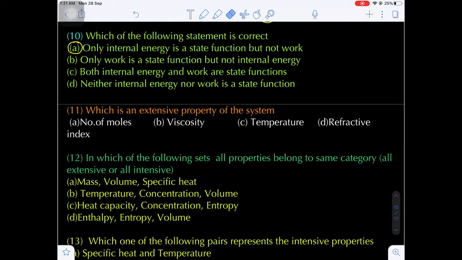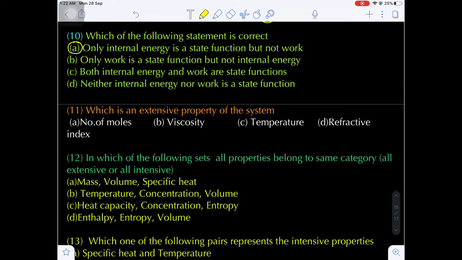Now, let's come to extensive properties. In the last class I explained the difference between extensive properties and intensive properties. Extensive properties are those properties which depend upon the total mass of the system, whereas intensive properties are independent of the total mass of the system. Extensive properties are known as mass dependent properties, whereas intensive properties are known as mass independent properties.